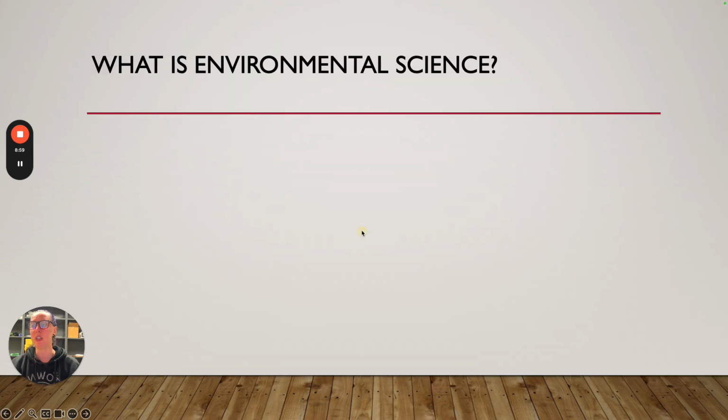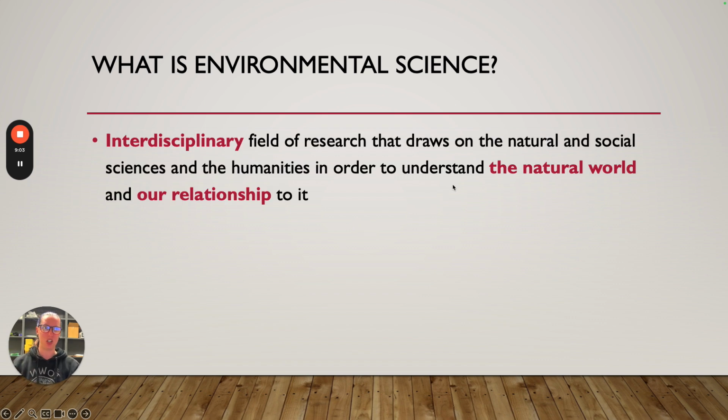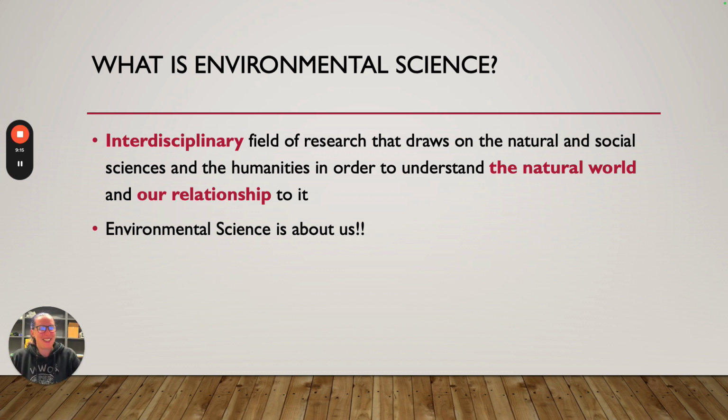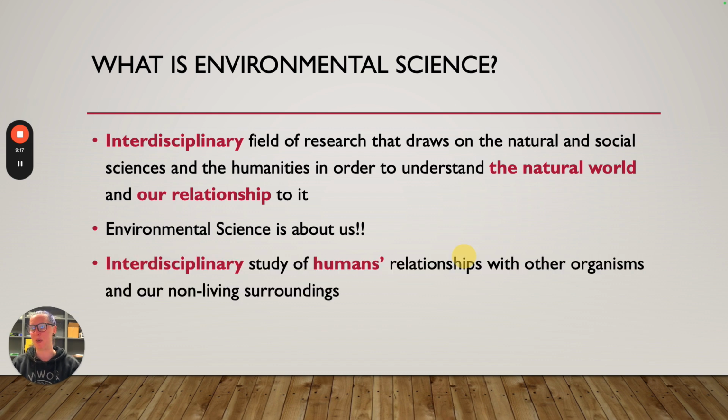So going back to this idea of what is environmental science, this was our initial definition. It's interdisciplinary, helping us better understand the natural world and our relationship to it. So environmental science is about us, right? It's about us and what we can bring to the table.